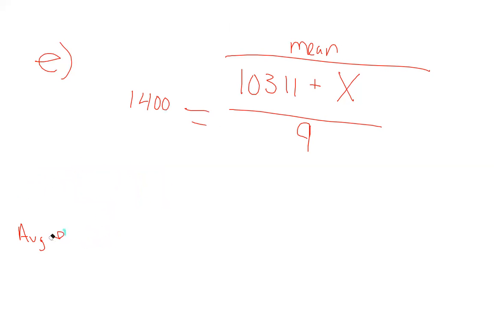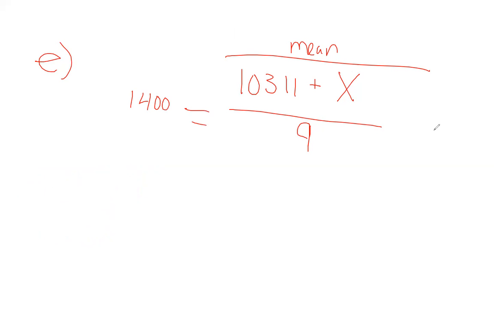When we solve for X, we'll know what we would have to earn for our PFD in 2018 to average 1,400 over those years. We didn't quite go over this in class, but we did talk about it in the past. How do I get X by itself? The first step is to get rid of this division, because it's locking these together. I can't just subtract this big number because it's locked in by the division sign.